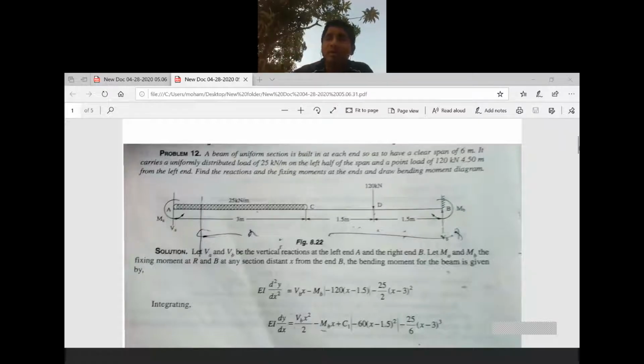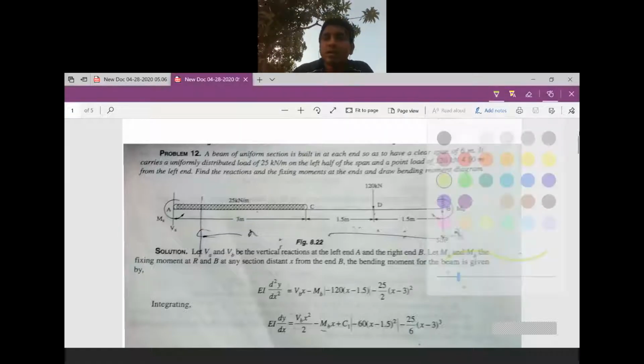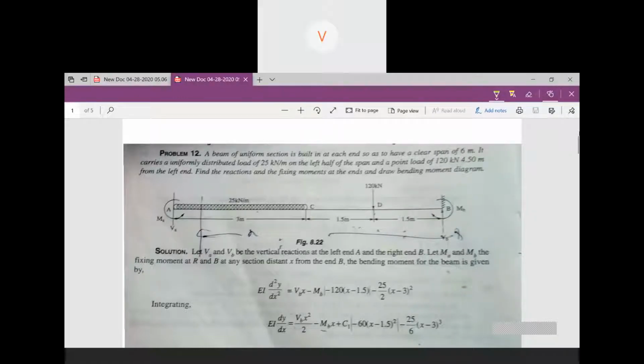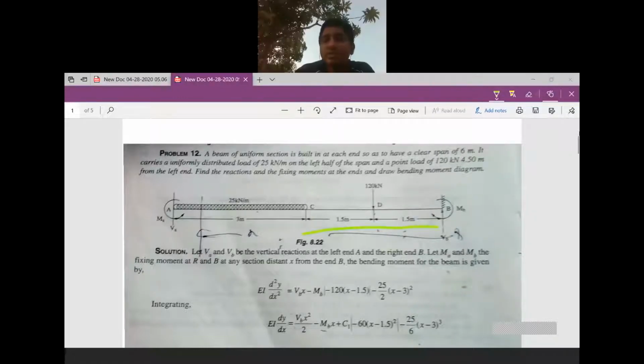So you are considering it like this: VB into x minus MB. VB into x meters, where you are considering the section x.